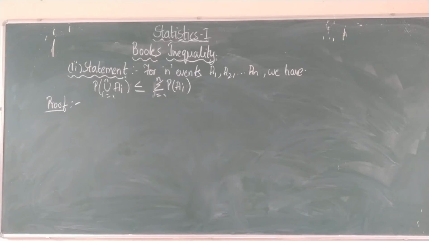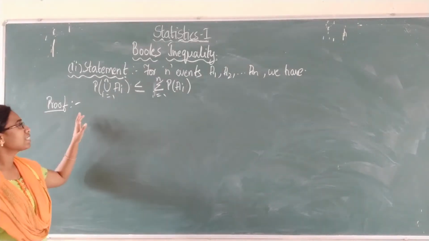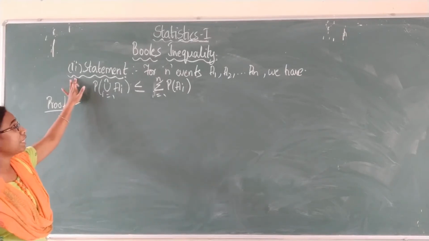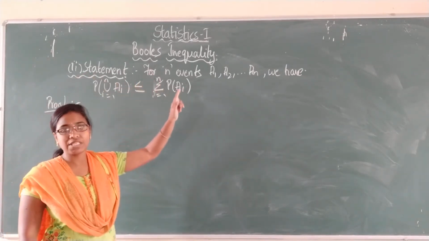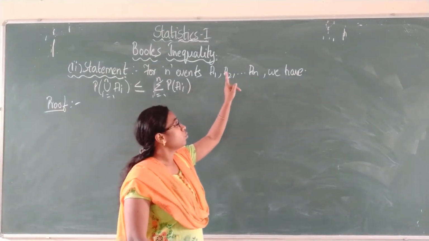Now coming to the second statement of Boole's inequality. So first statement is related to intersection, right? So second statement is related to union. The second statement is for n events. So here also we have n events, A1, A2, so on, An.